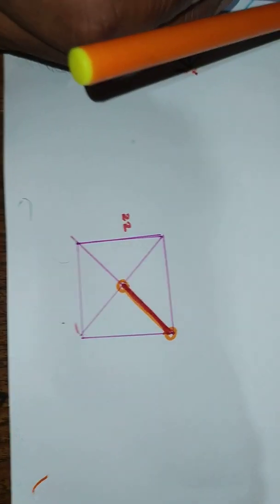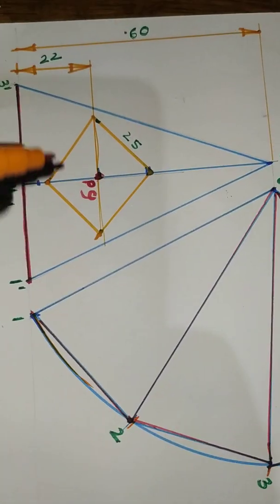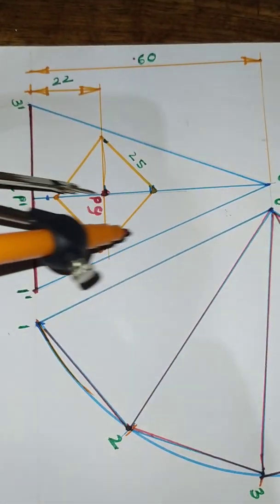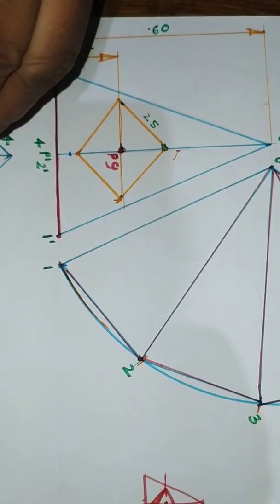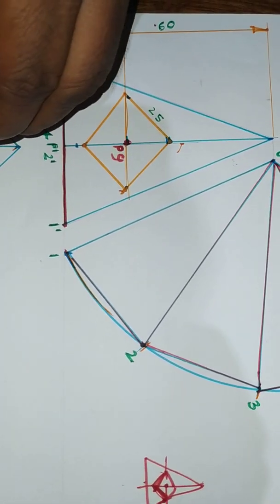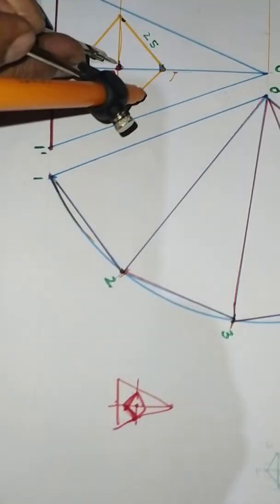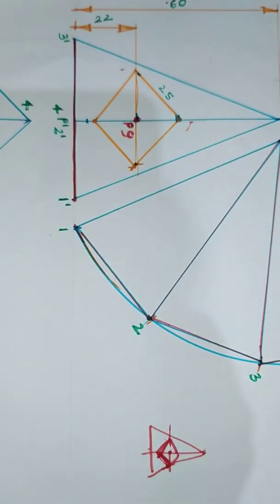At 22 mm above, we have marked the point PQ. I have taken this diagonal distance and cut it here, on the four corners.